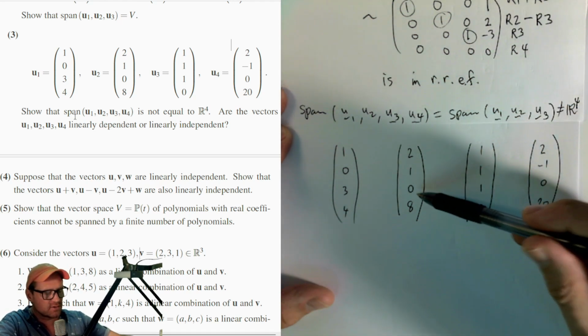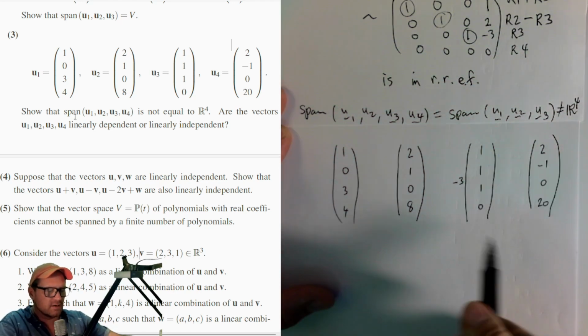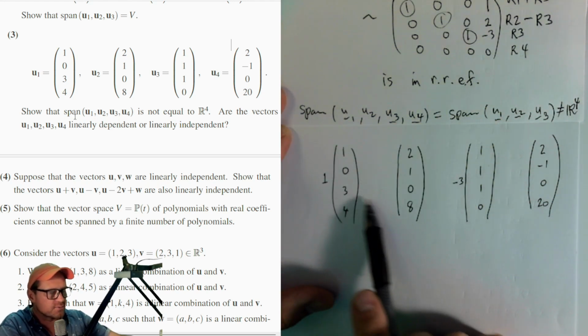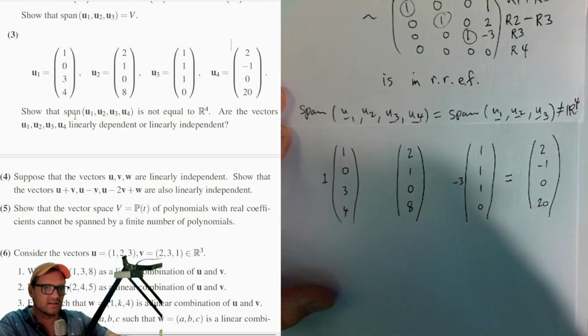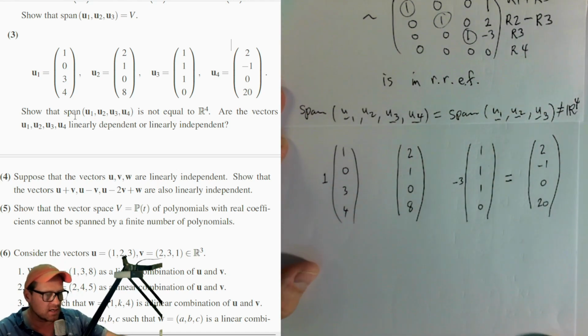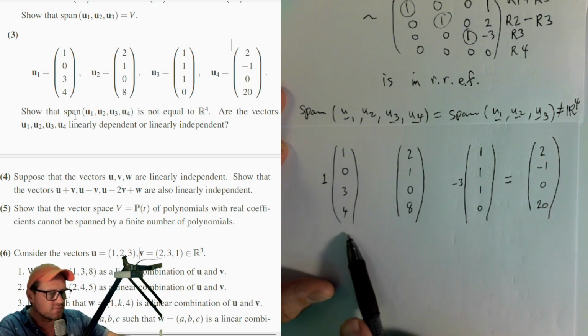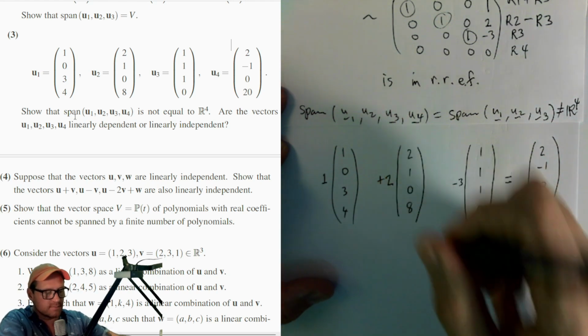So because we have a 0 there and a 0 there, I'm going to choose a -3 in front of this and a 1 in front of this. Okay, so that we get 3 minus 3 is 0. I'm going to solve it like this and then take it over to the other side. Okay, and so next, if that's the case, what do I want to do here to get a 20? So 4 plus 16, so let's go 2 times this.